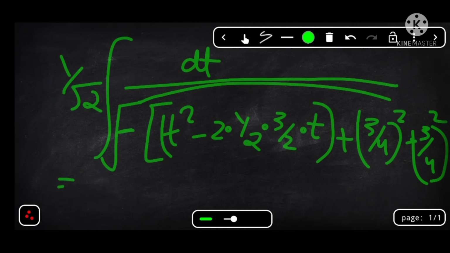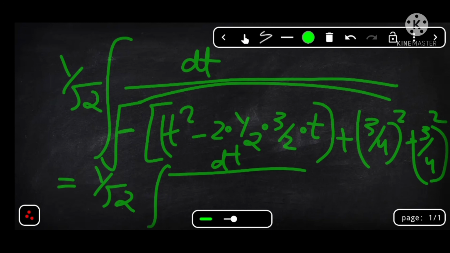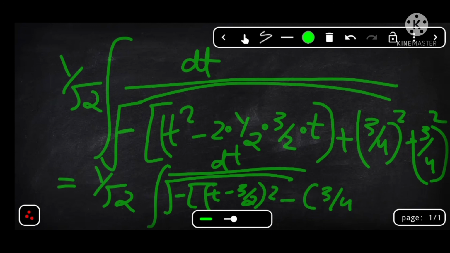So we can write it as 1 by root 2 integral dt divided by root of minus t minus 3 by 4 the whole square minus 3 by 4 the whole square. Clear? Yes.